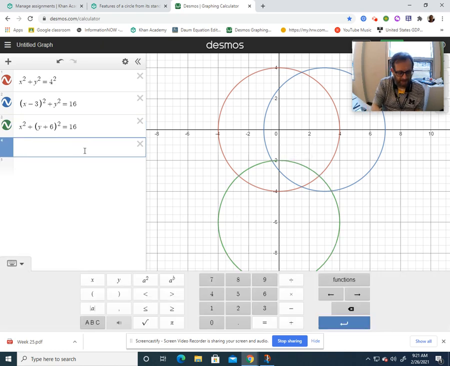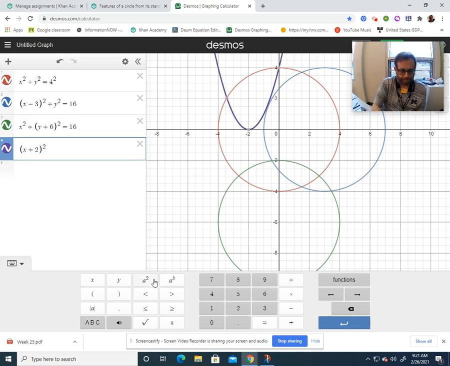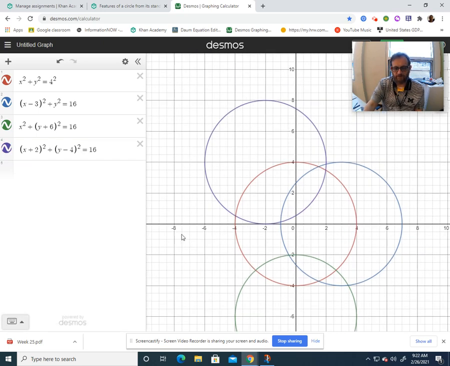So if I type in something that looks like this, yet again, I have the same circle.